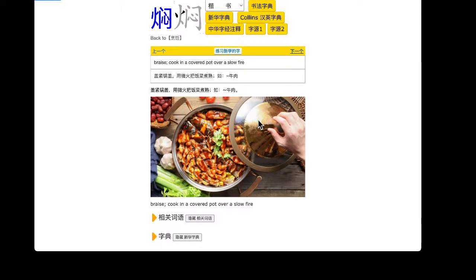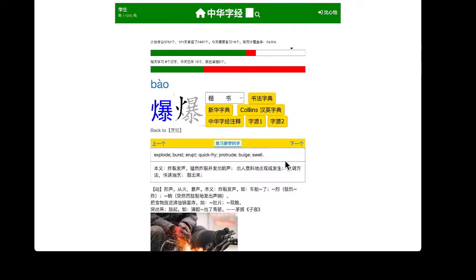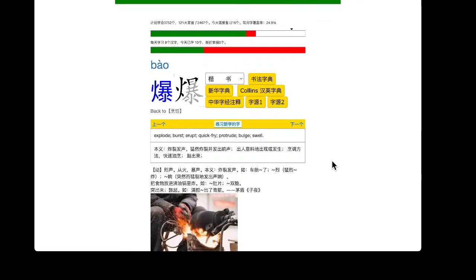Next one. Bao. Bao means explode, burst, erupt. And the second meaning, when you refer to a cooking method, is quick fry. You get the oil really hot, usually a lot of oil.